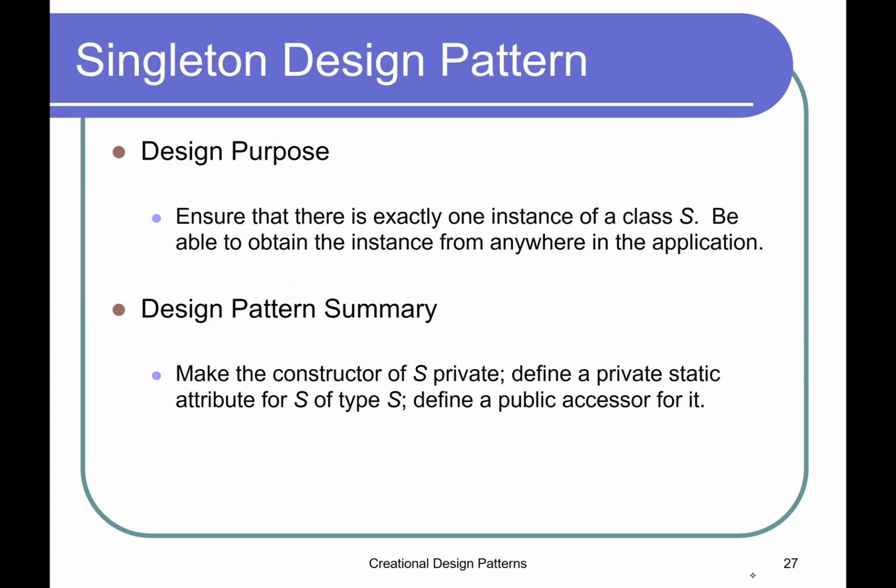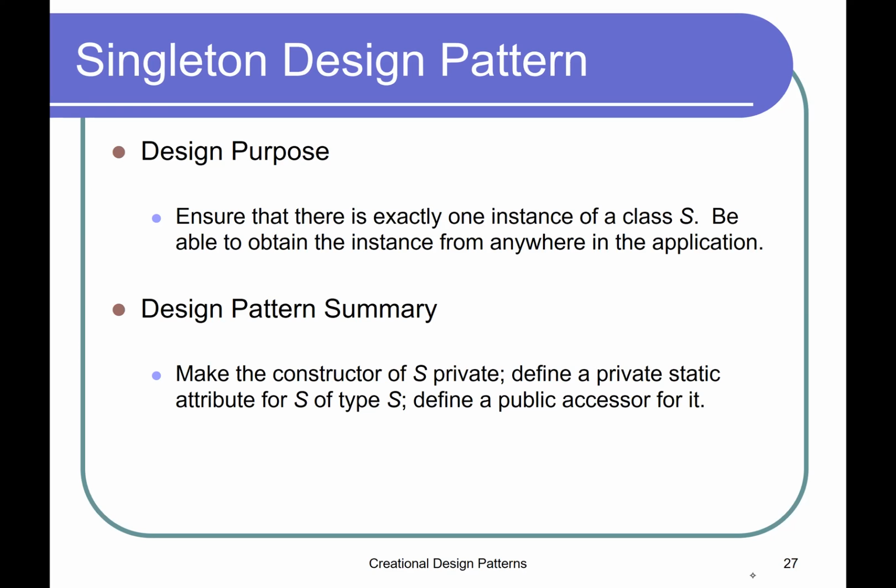So one last design pattern, and this is the last of the creational design patterns. It's called the singleton design pattern. Here the issue is a bit different than the factory and abstract factory design patterns, because I want to create an object of a class, but as I create it, I want to enforce that only one instance of that object is ever created.